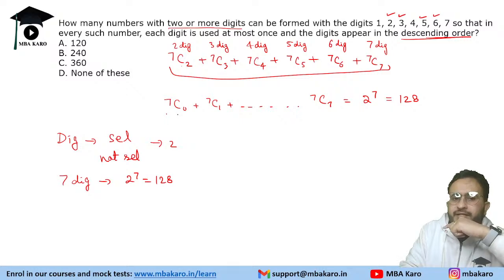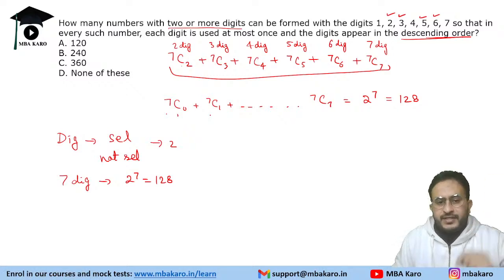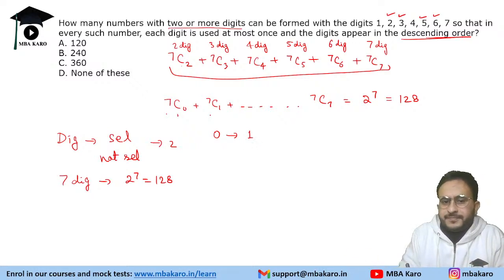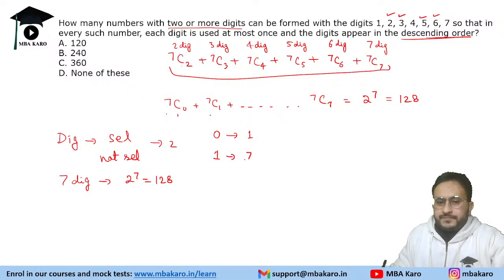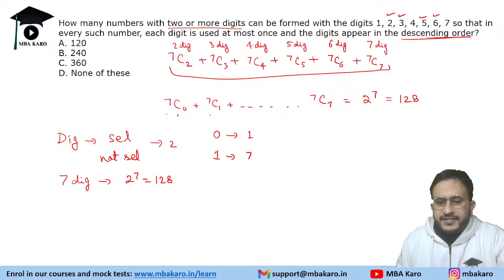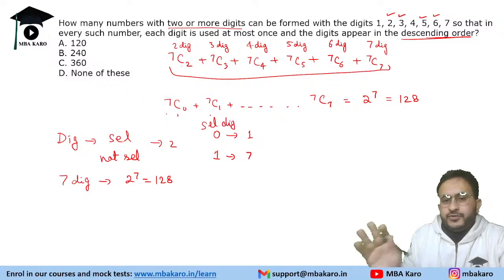So this is what we are doing here: selecting zero, selecting one, and so on. We have 128 choices. Now if you have to select zero digits, there is only one way, that you do not select anything.